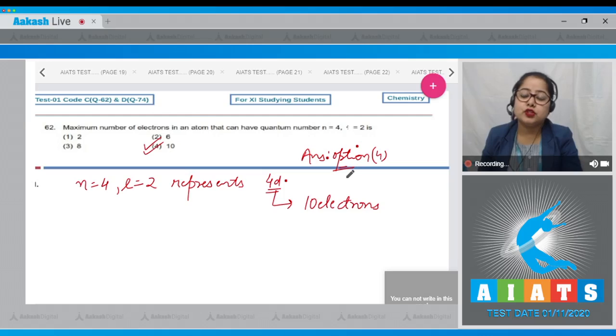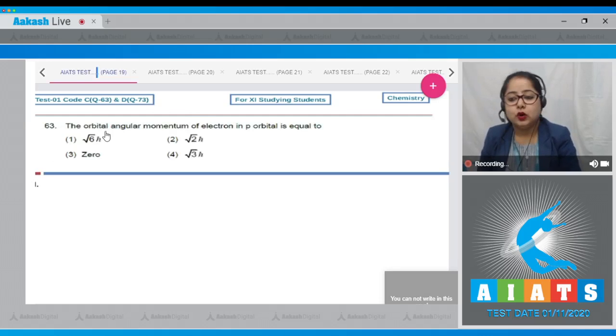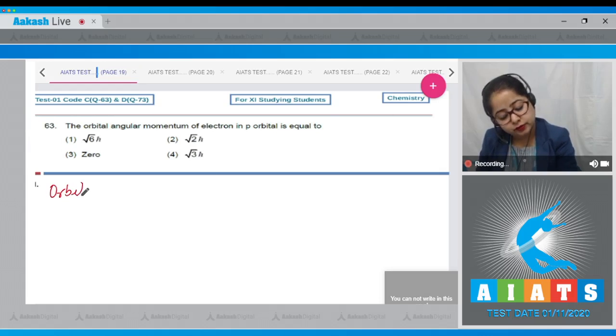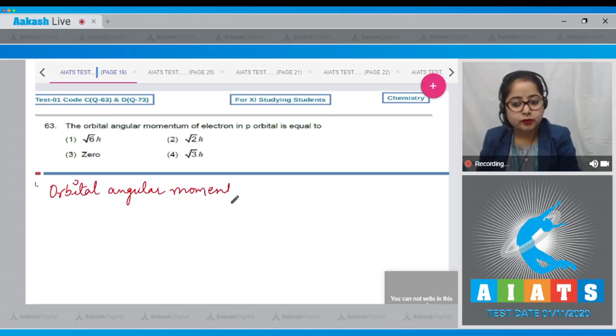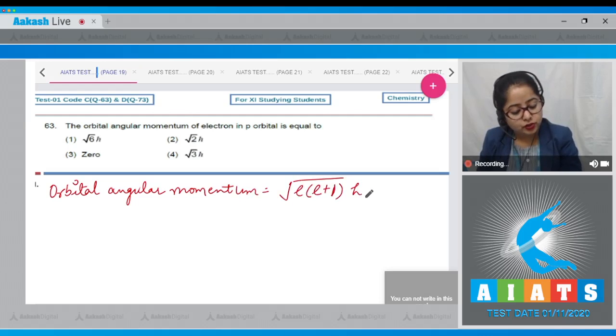Moving to next question, students, which is question number 63. Let's read the question. The orbital angular momentum of an electron in p orbital is equals to. Student, the formula to calculate orbital angular momentum is under root L(L plus 1) H cross.